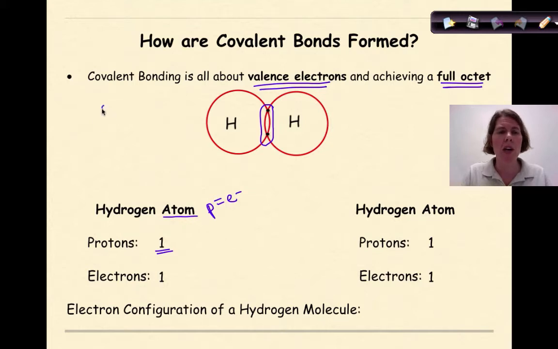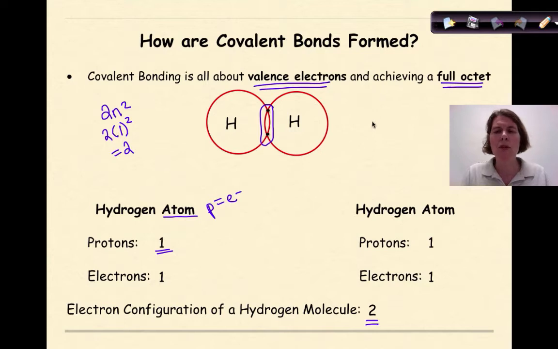If you recall the formula 2n squared, hydrogen resides in that first period, so we have 1 squared, times 2, which is 2. So for an electron configuration, we're going to have an electron configuration of 2, because technically hydrogen will have its so-called full octet. That satisfies hydrogen by looking at that shared pair of electrons right in the middle.